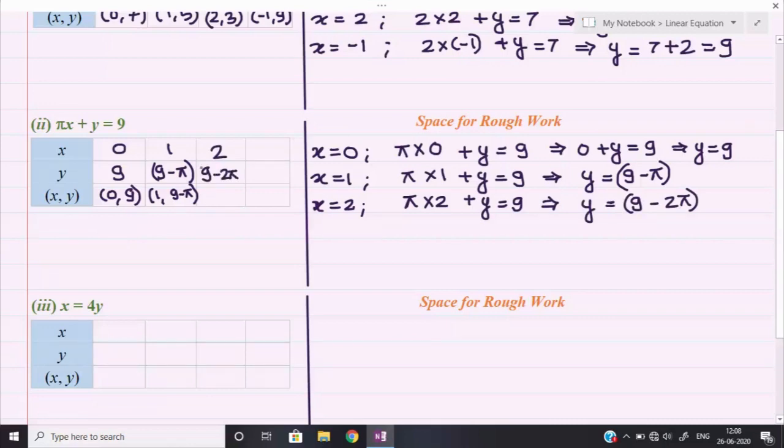So the solution I write down is (2, 9 minus 2 pi). Now similarly you put the value of x equal to 3, which I am keeping for you. I hope you can do it. In that case the value of y will come to 9 minus 3 pi.